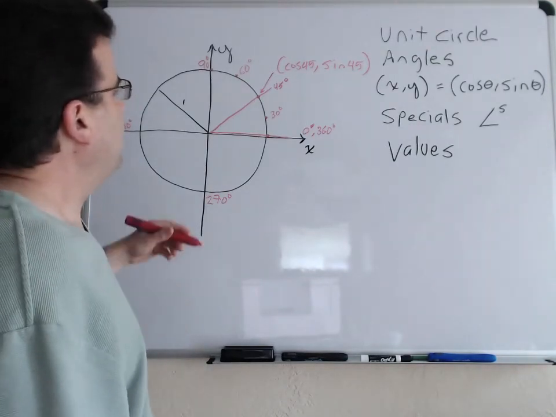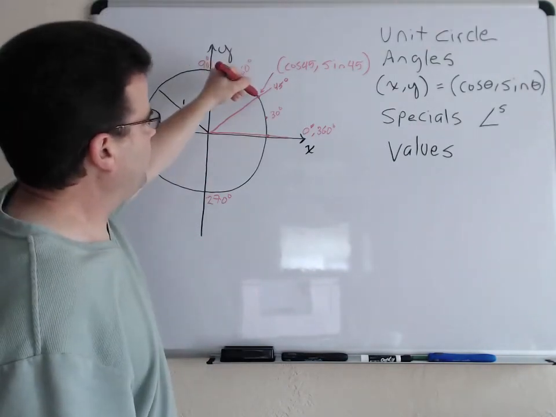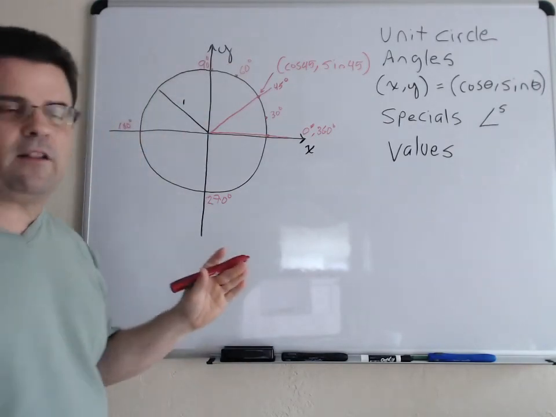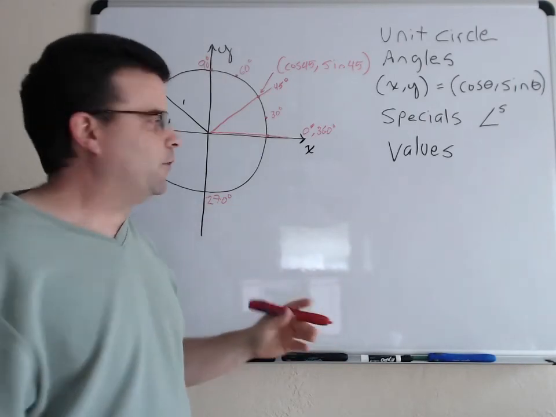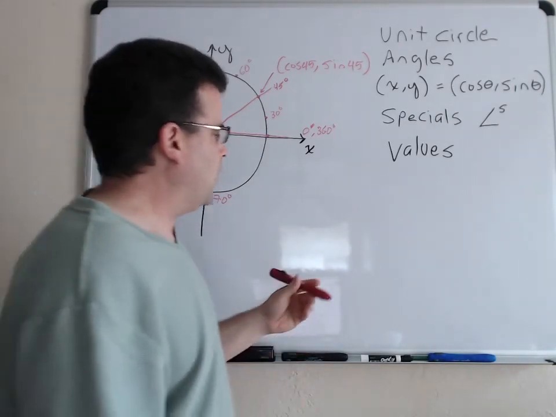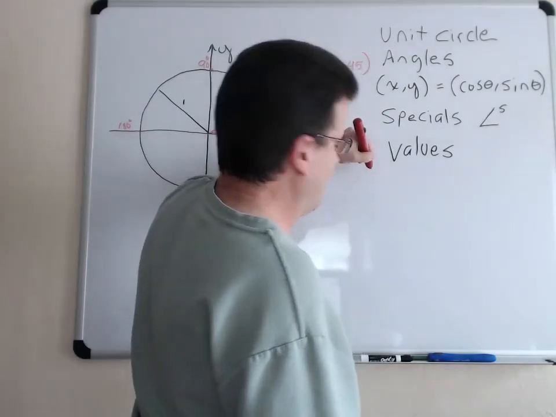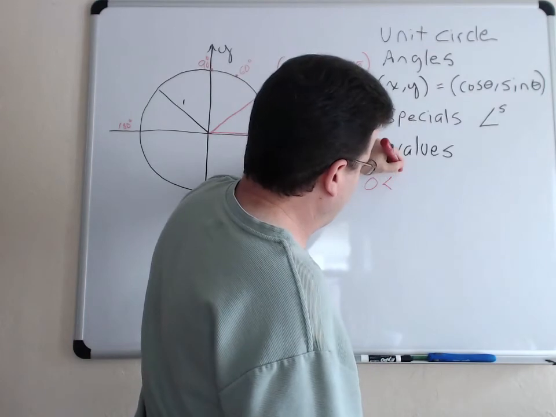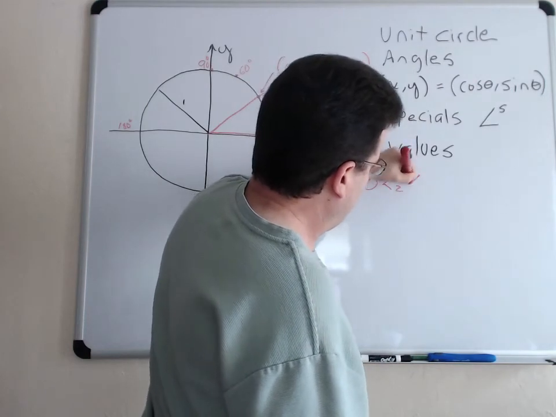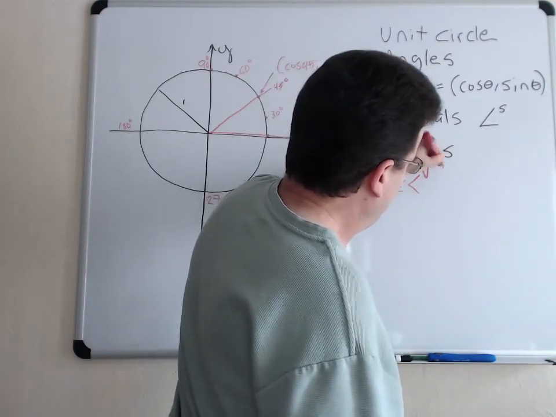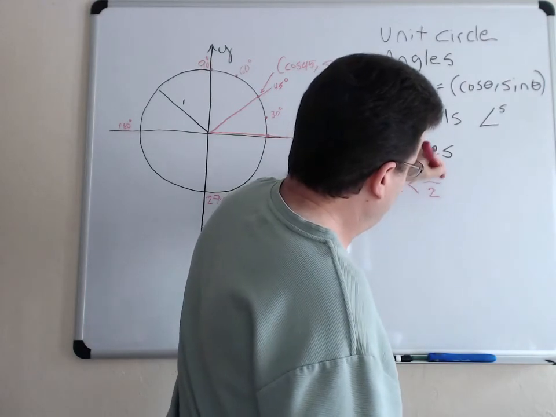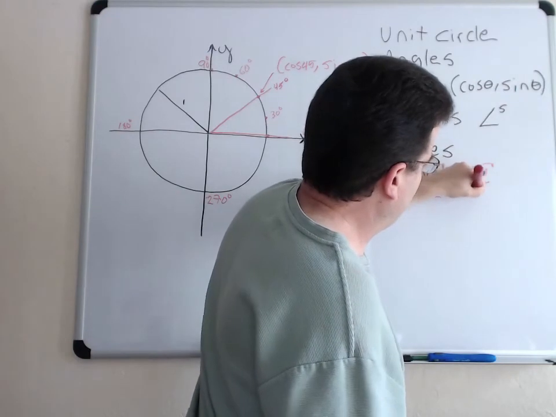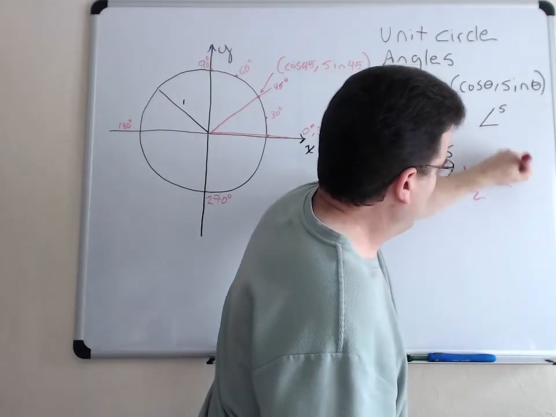So let's think about the coordinates of this point. So now let's think about the values of these special angles. Those values in order from smallest to largest: 0 is less than 1/2, is less than root 2 over 2, is less than root 3 over 2, is less than 1.